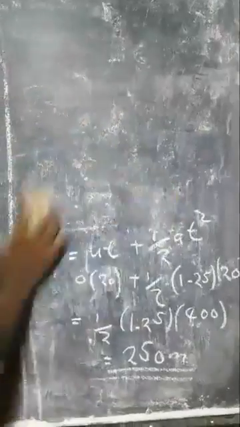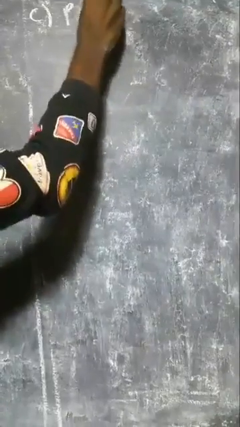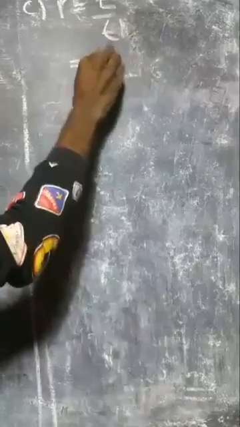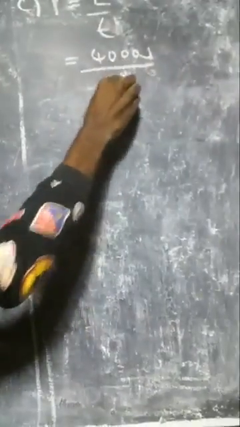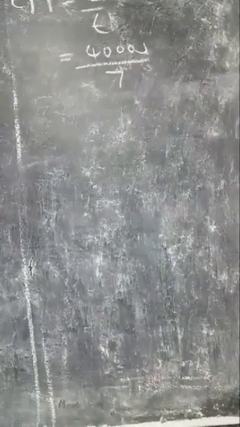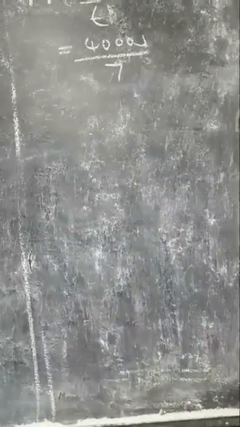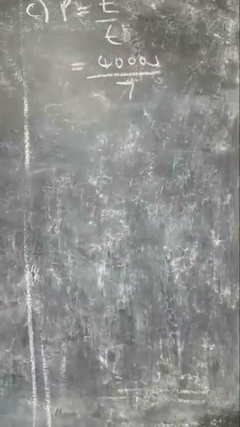P is equal to E over T. What's our energy? Our energy is 4,000 joules. Then our time is 7 seconds. So it's 4,000 joules divided by 7 seconds.